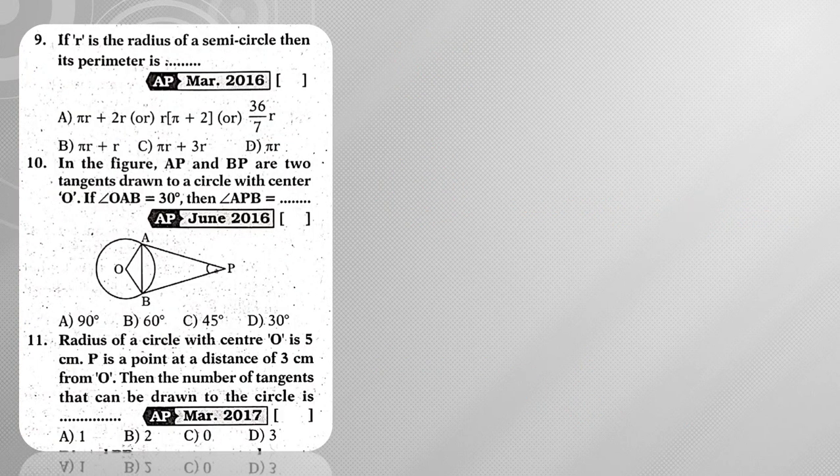Next, moving on to question number 9. If R is the radius of the semicircle, then its perimeter is. So perimeter of semicircle is asked. Perimeter of semicircle means this one straight line and this half, the length of the arc of the semicircle. The length of the arc of semicircle is nothing but half of the circumference, which is half into 2 pi r.